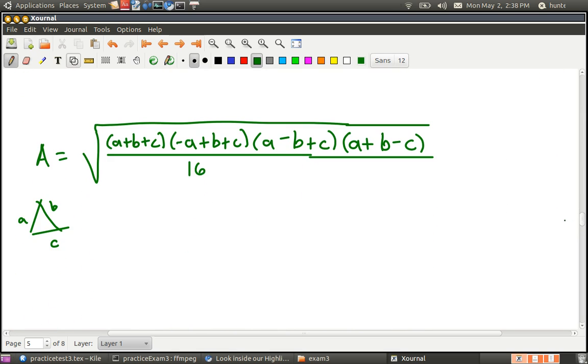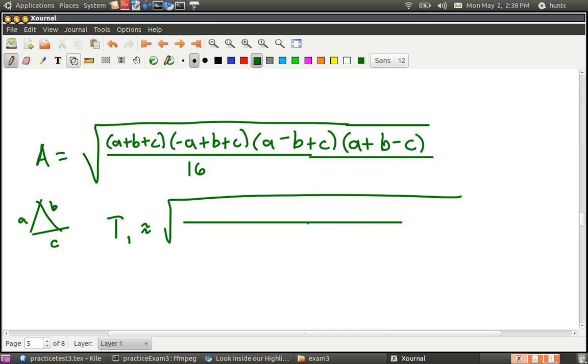So almost everything just happens in your calculator. But let's just write these things out really quick. I've already figured them out anyway. So the area for T1 is equal to, just plugging numbers in, you should get 655 times 185 times 415 times 55.